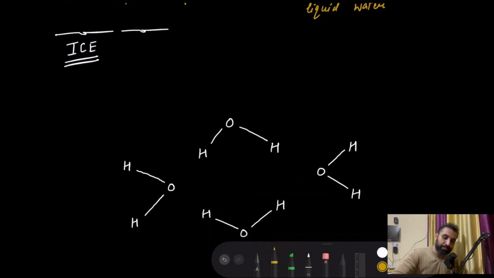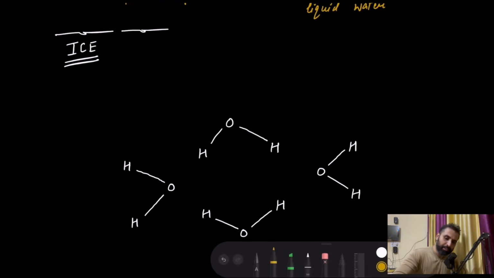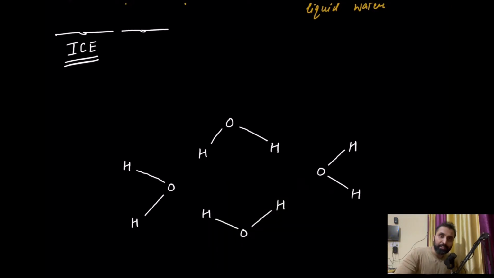Now I am marking the hydrogen bonds with a yellow color. Firstly, let me mark the signs according to the electronegativity. Oxygen has greater electronegativity than hydrogen, due to which oxygen will acquire a delta negative charge and hydrogen will acquire a delta positive charge.